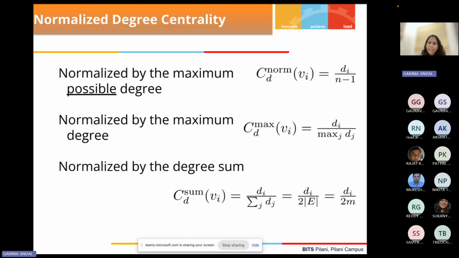I cannot directly compare the degrees of these nodes because there is a difference in the sizes of these networks, and there might be a difference in density and so on. So in these cases, we need to normalize the degree. That is why degree centrality is always a normalized version. Whatever importance measures we are going to study are all normalized versions. You cannot use the direct value; you always have to normalize those values.